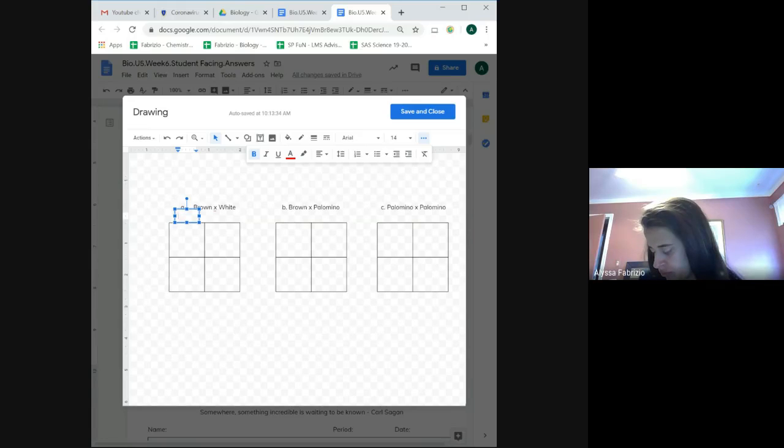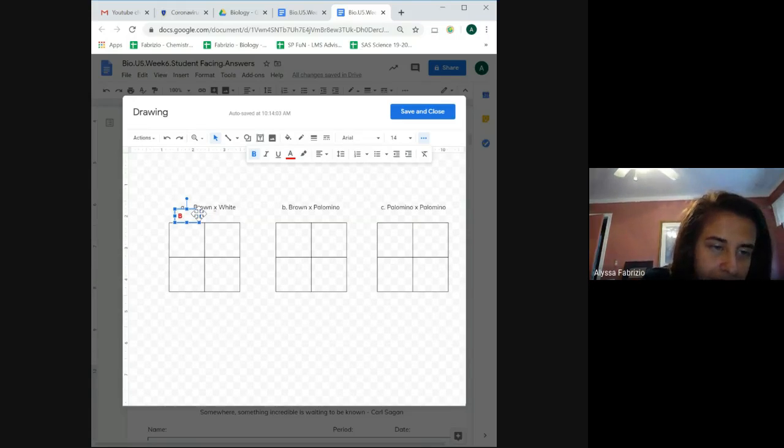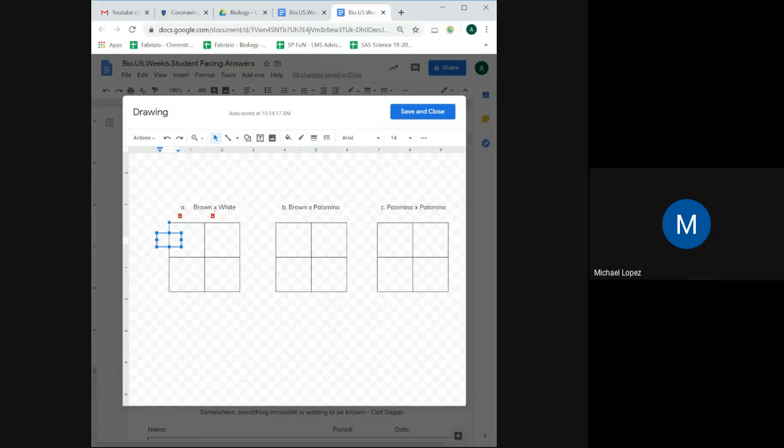Isn't it going to be B, right? Yep. So is it uppercase or lowercase for brown? Uppercase. Very good. Are both of them uppercase or just one? They're both going to be uppercase. Very good. There we go. What about for a white horse? Uppercase or lowercase? Lowercase. Very good.